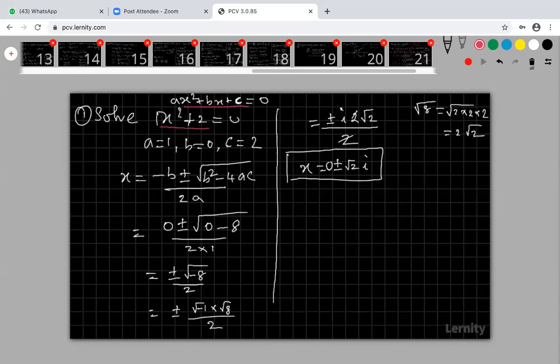The x term is not here, so your b is 0. And your c, the constant, is 2. So my a is 1, b is 0, c is 2. From this general form, comparing with the given equation, I am getting my a, b, c.